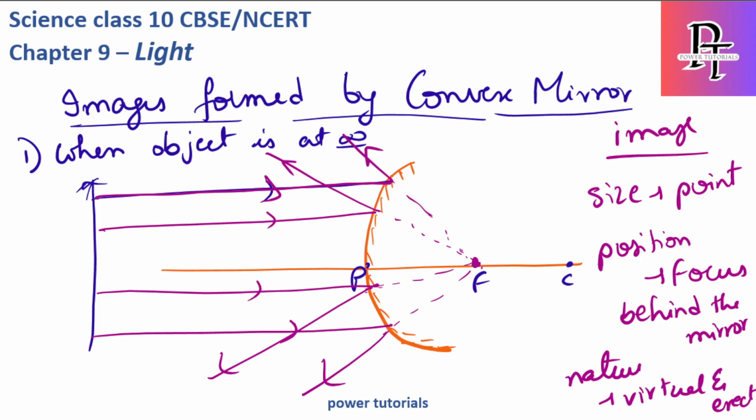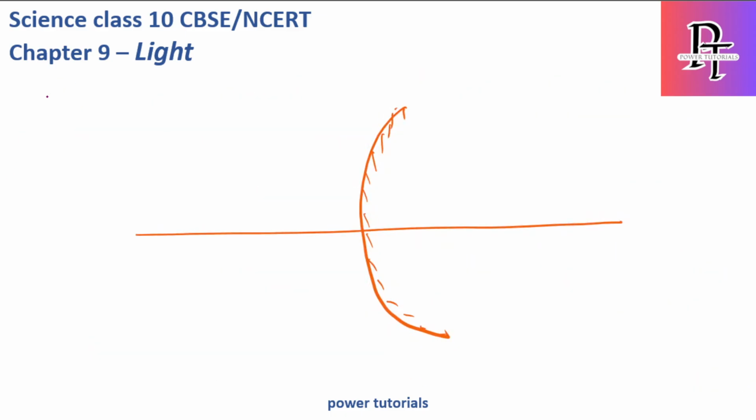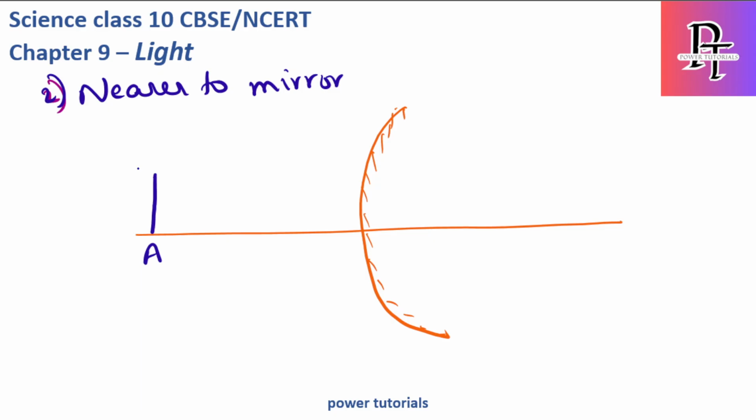Okay, let's look at the second case. Second means somewhere nearer to the mirror. So let's place it somewhere here. This is the object AP. This is the mirror. Here we'll have the focus and here we'll have the center. First I will draw the ray parallel to the principal axis.